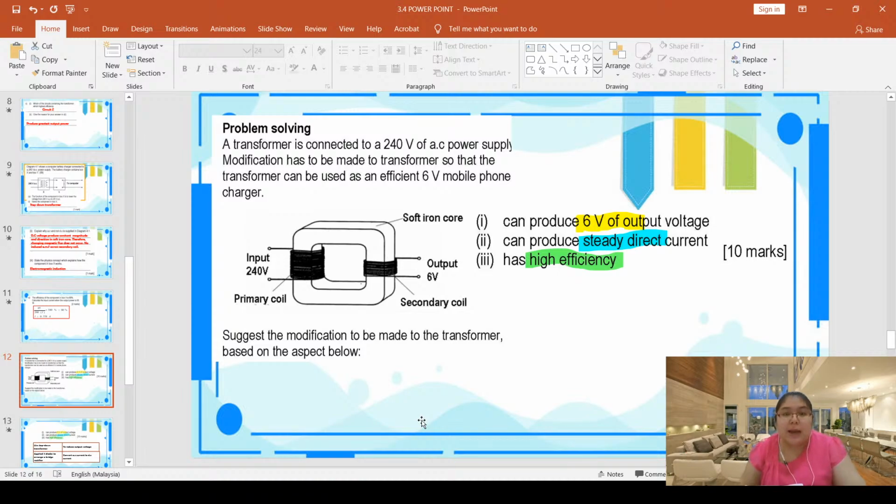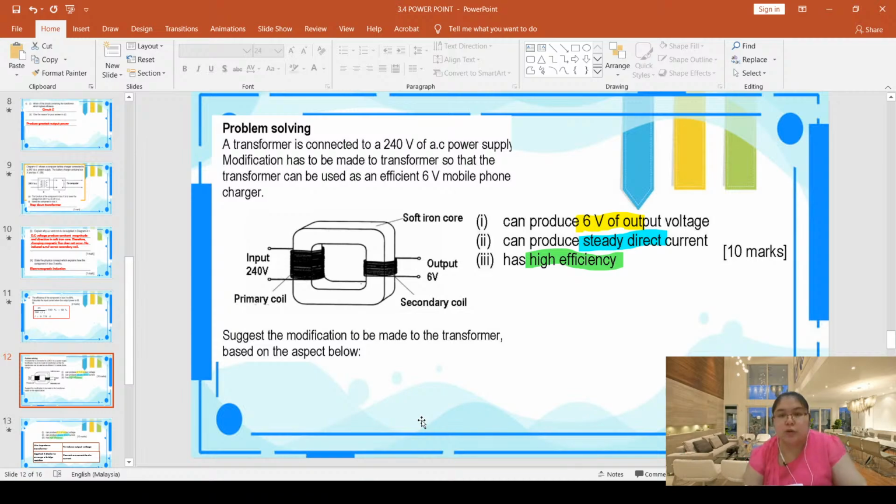Okay, a mobile phone charger. A mobile phone charger uses direct current. That means later you need to convert alternating current to direct current. So now they ask you, first one, I want to produce 6 volt output voltage. How to produce?